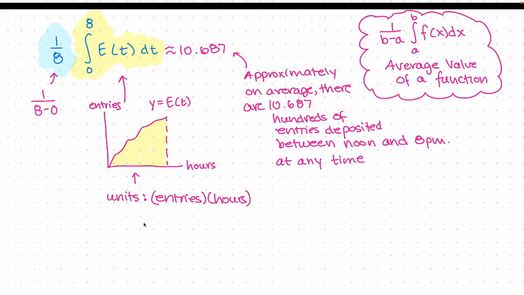Entries times hours. So trying to put into words, what would that mean then? At least I can't think of what the words are that would describe the meaning behind that integral.